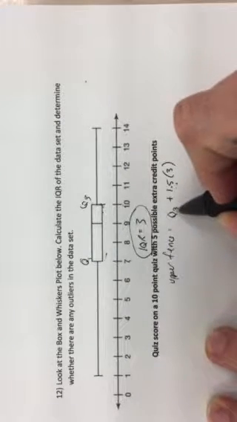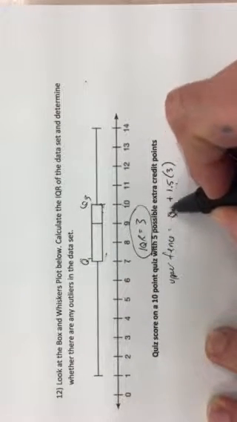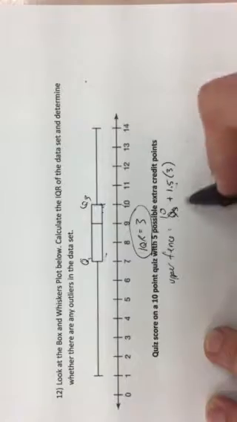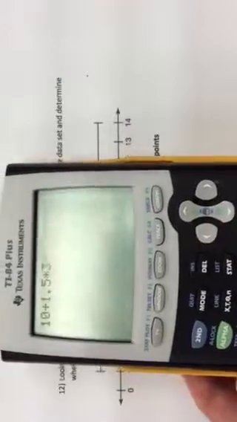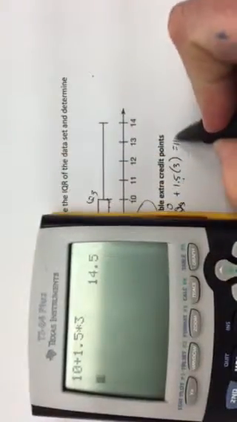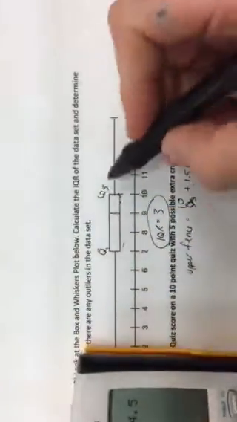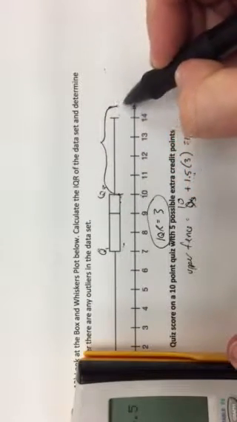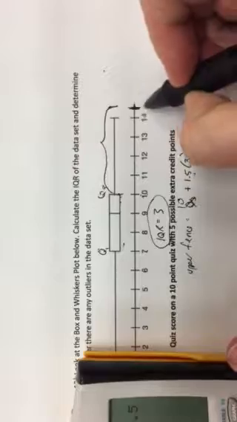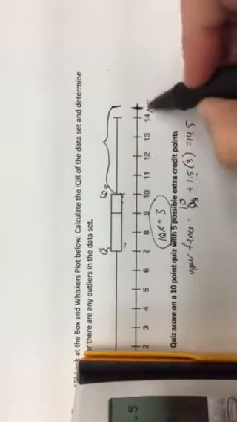And quartile 3 is 10, right? So 10 plus 1.5 times 3, 14.5. Okay, so the upper fence here is going to be right around here. So there's no outliers here, right?